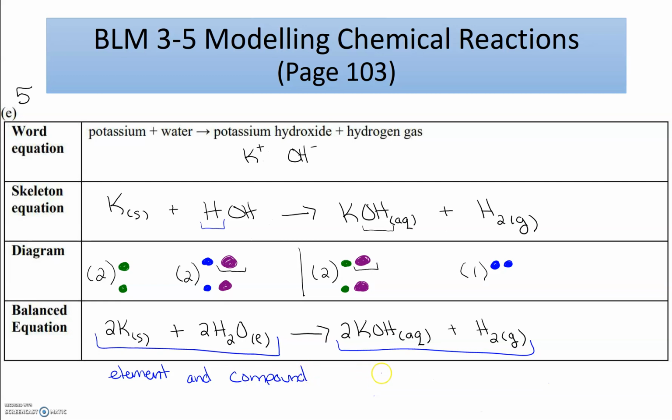And as a product, I've got an ionic compound and an element. And in this case, it wasn't as obvious as it was in G and F, but the potassium did take the place of one of those hydrogens. And so that's where hydrogen became the element product and potassium became part of our compound.